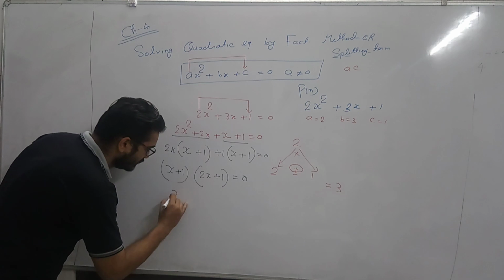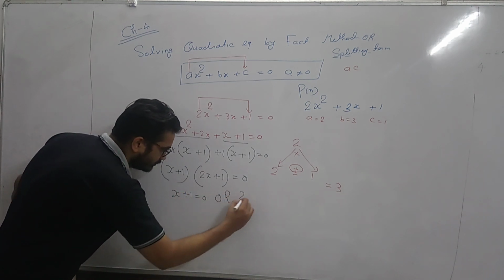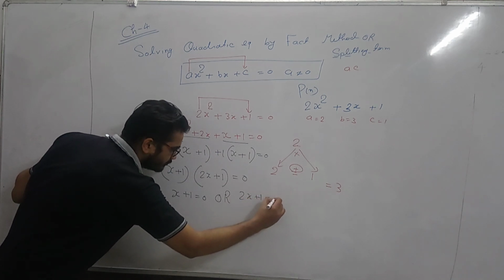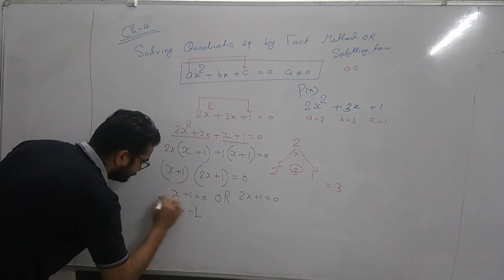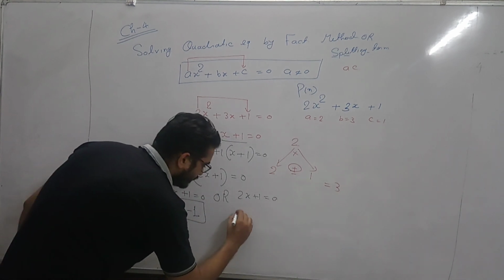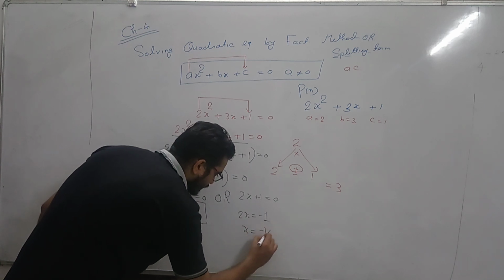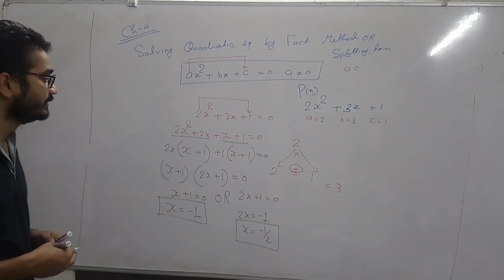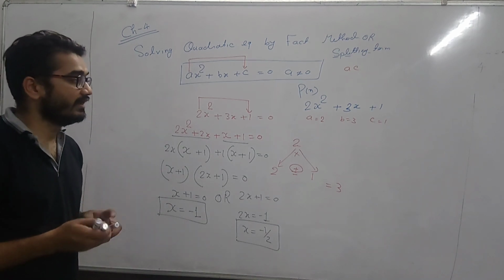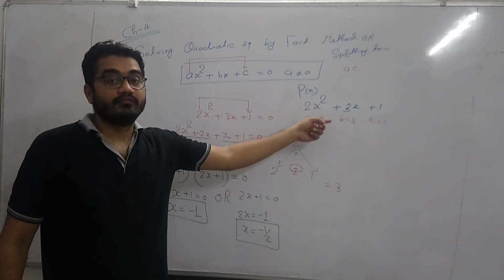Now x plus 1 is equal to 0, or 2x plus 1 is equal to 0. So this gives you x is equal to minus 1, and this will give you 2x is equal to minus 1, so x is equal to minus 1 upon 2. These are the two roots of the given polynomial when the value of a is more than 1.